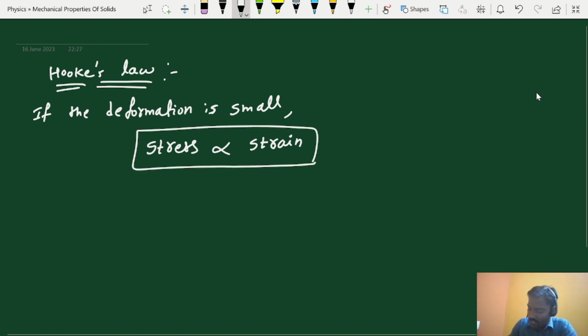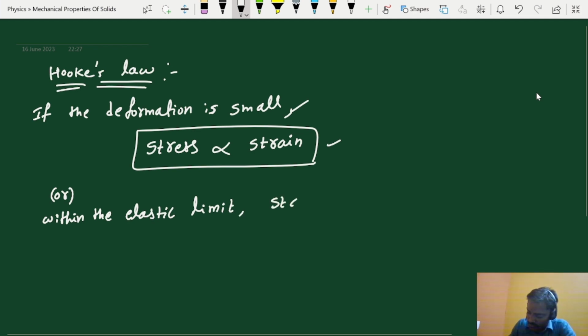So we can say stress is directly proportional to strain if the deformation is small, or else you can also write it like, within the elastic limit, stress is directly proportional to strain.